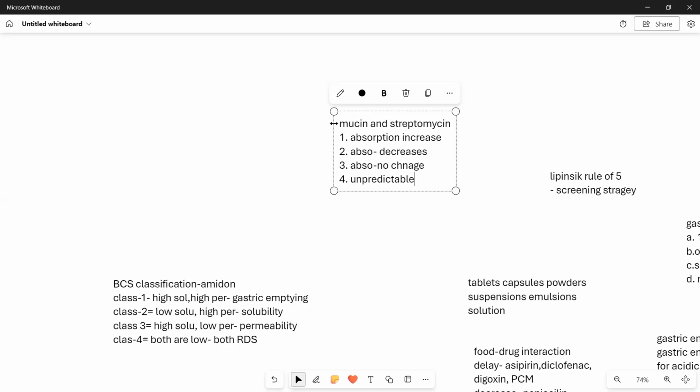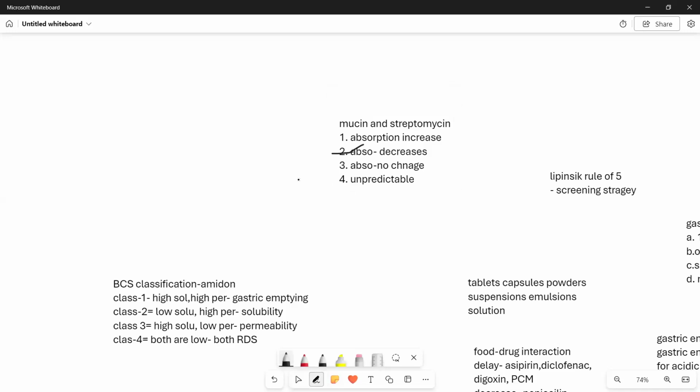Read the question carefully, then answer it, guys. Mucin and streptomycin. Basically, the answer is two. The absorption is decreased because of interaction between the mucin and streptomycin, which affects streptomycin absorption.